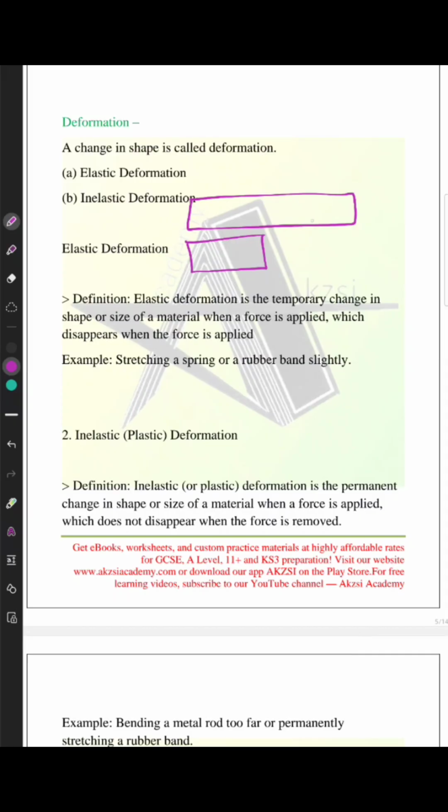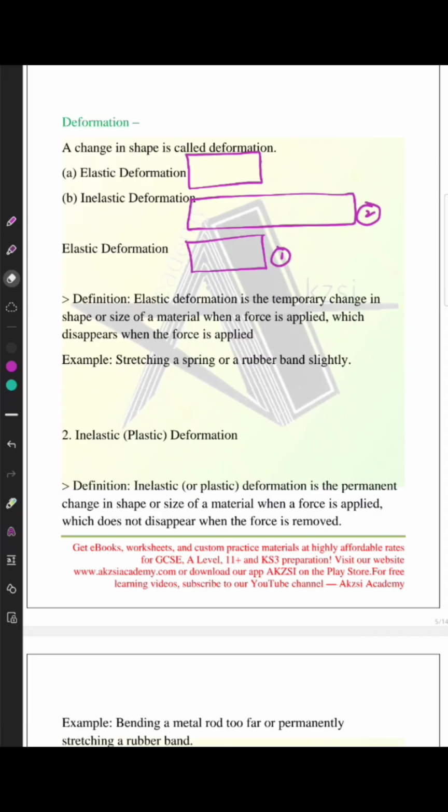That means when the object was resting, then you start extending it, and when you release the force, it comes back to its initial shape. That kind of deformation is called elastic deformation, because you apply the force, but upon releasing the force, it comes back to its initial position. There is no visible change after the release of force, and that's called elastic deformation.